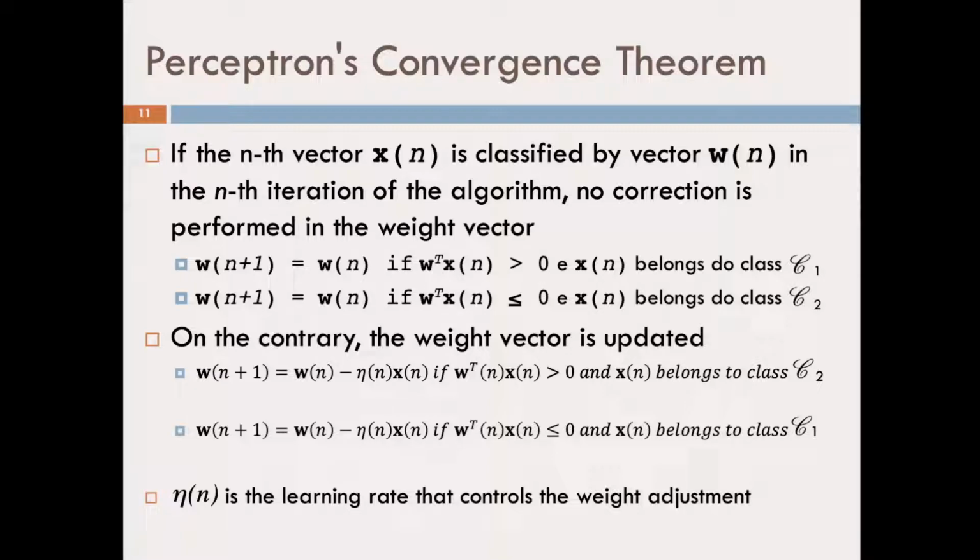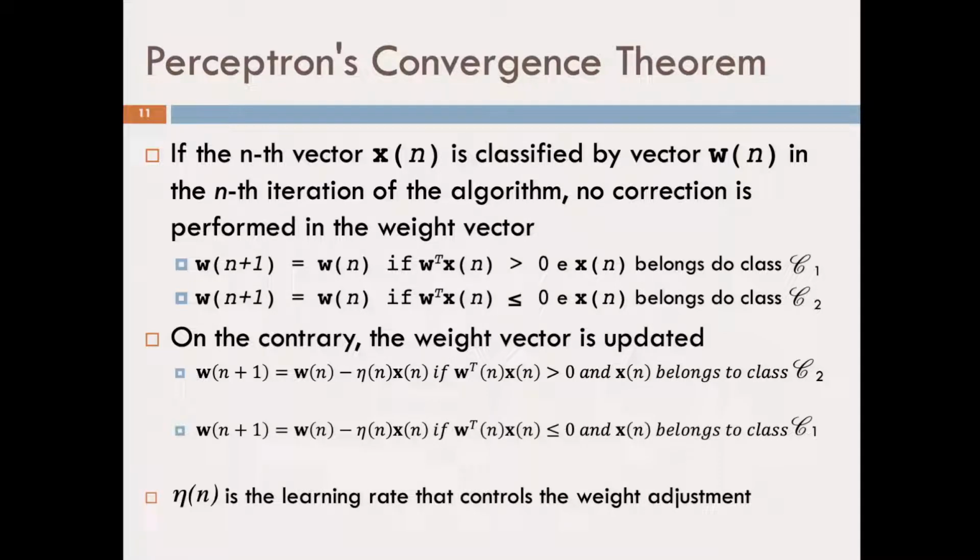So the weight vector in the next iteration will be the same if this calculation is higher than 0 and the instance belongs to class 1.